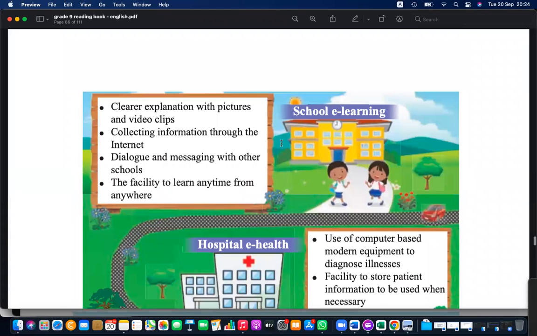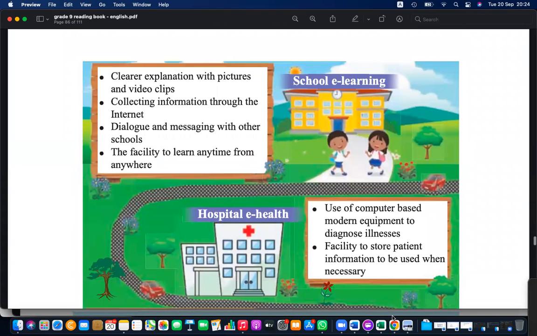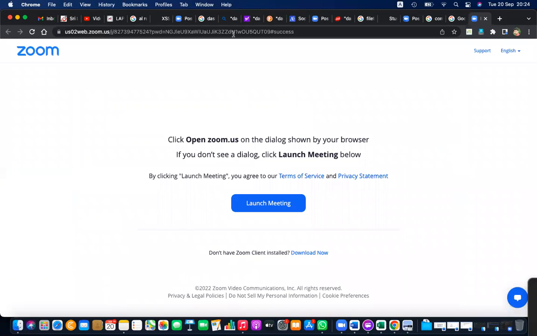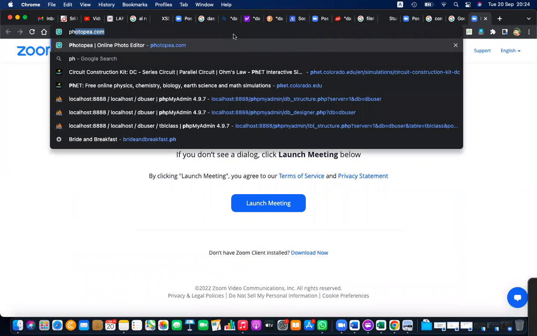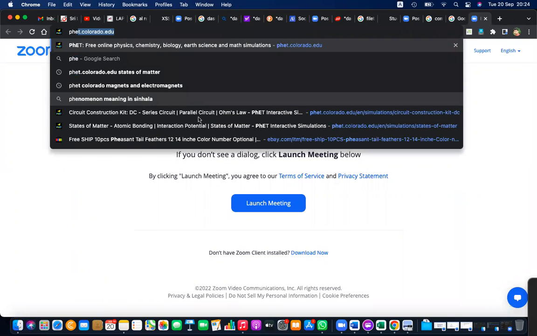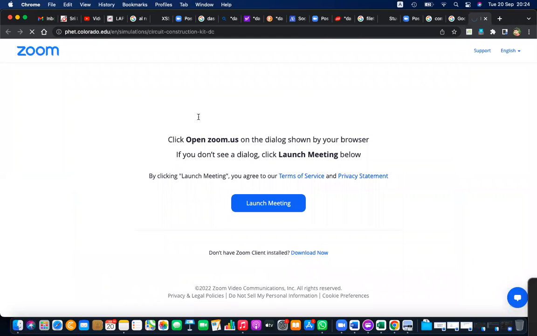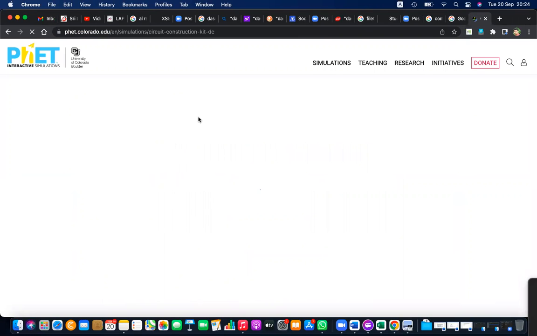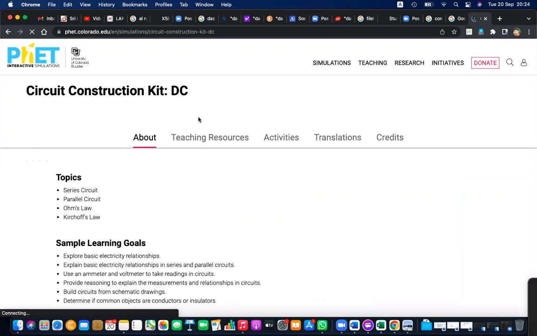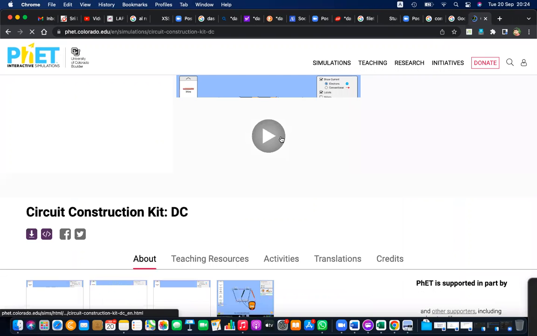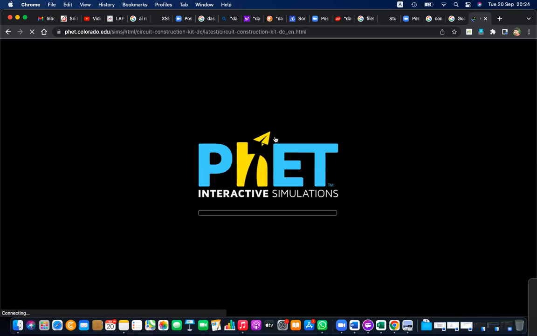As an example, I said this is a simulation. You can use this simulation to interactively learn about electronics, circuits, or science. This lesson lets you learn science interactively.